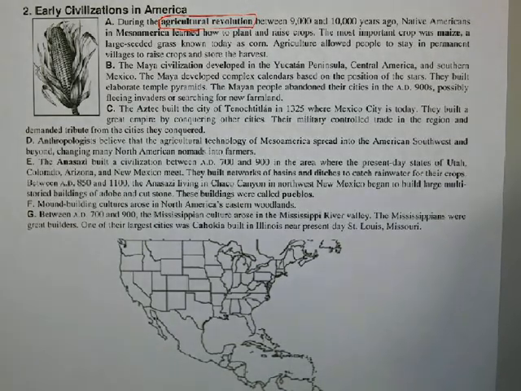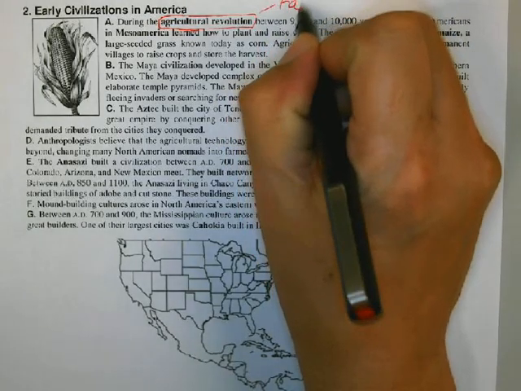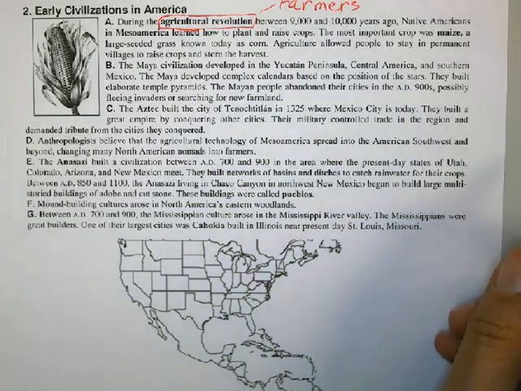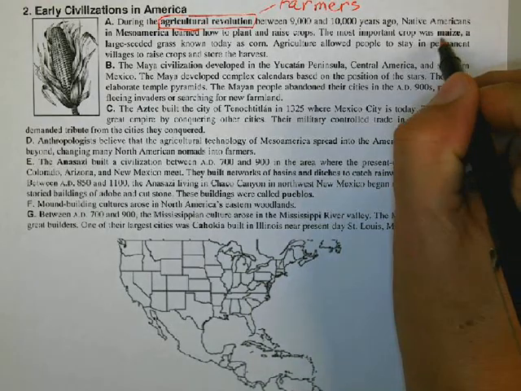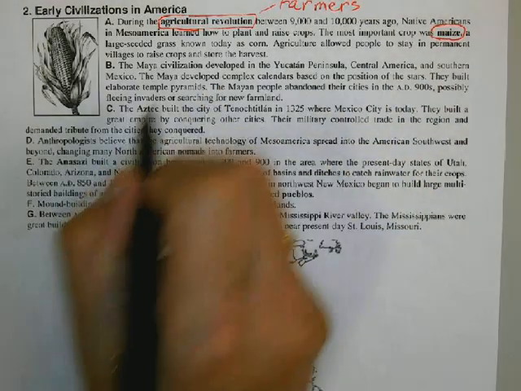Well, with the development of the agricultural revolution, we're going to have the rise of the third group. And this third group are going to be known as the farmers. And what's important about this is their main crop is going to be maize, also known as corn.